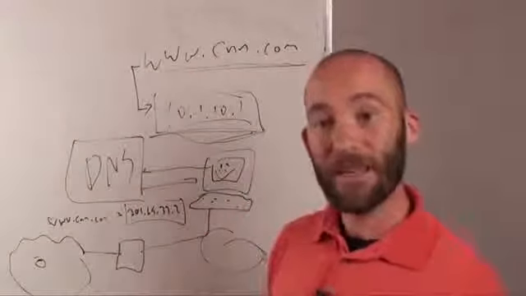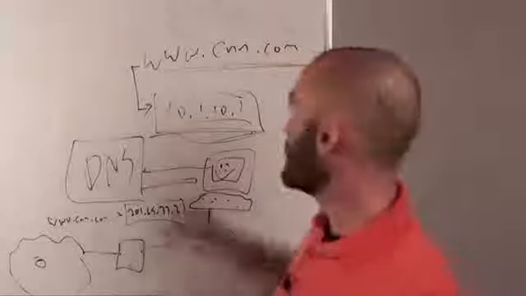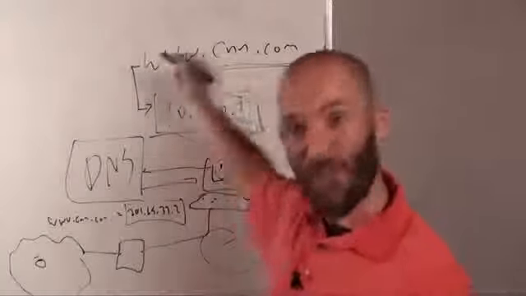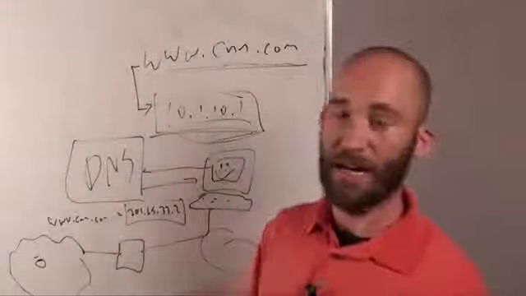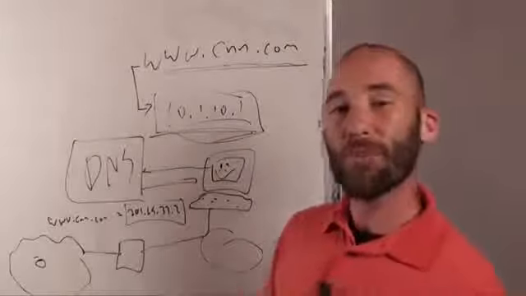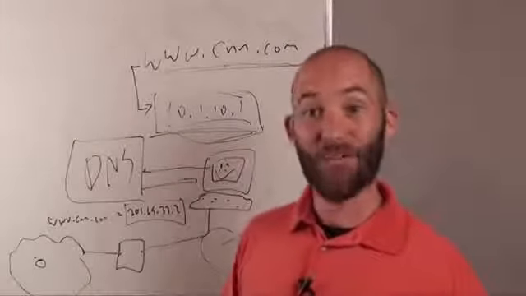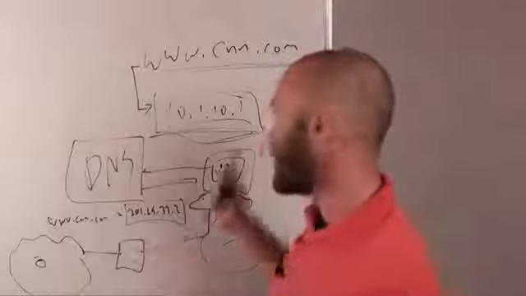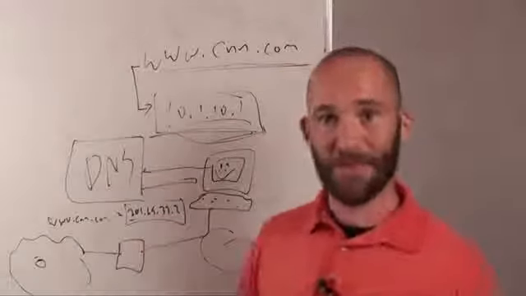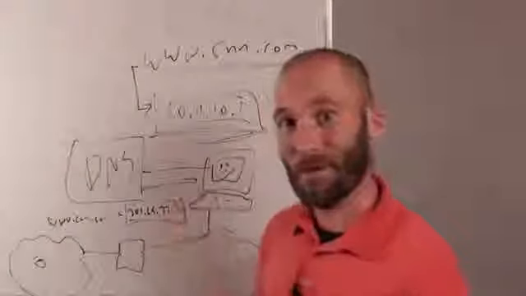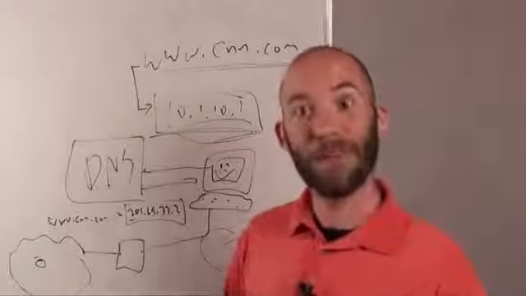So the important thing to understand here is when you put in CNN.com, Facebook.com, Yahoo.com, etc., your computer really doesn't care about that. That is for you. Your computer would prefer you plug in IP addresses all the time. It would make life a lot easier for your computer. Thankfully, the world isn't run by computers.